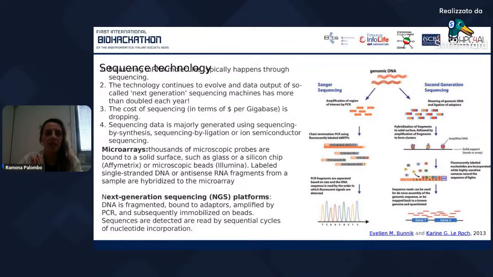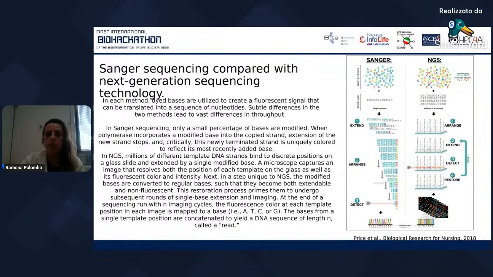So the microarray exploits these features of these two molecules. But next generation sequencing is different: in these sequencing technologies, we have what we call sequencing by synthesis. And I'll show you why we can call it like this.